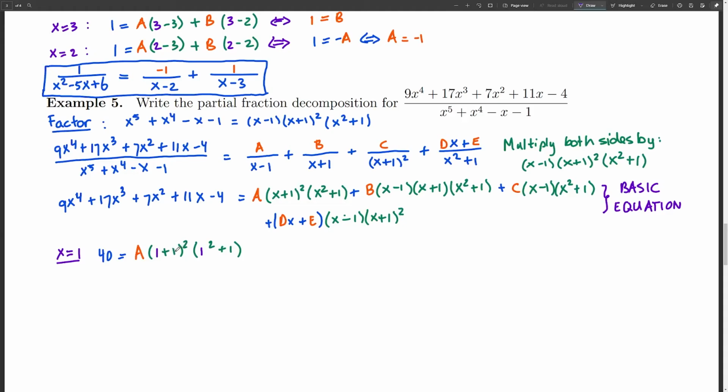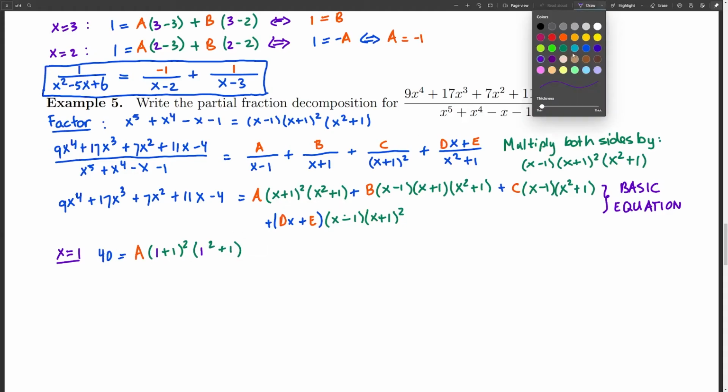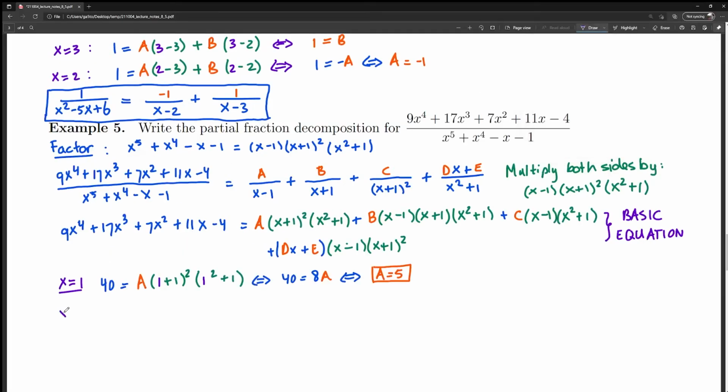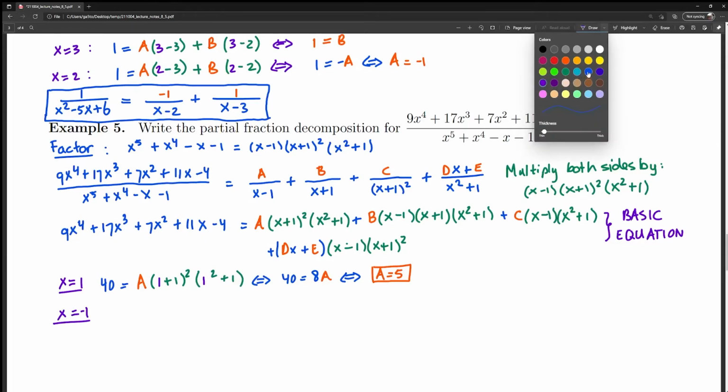That gives us 4. And the next factor is 2, 1 plus 1. And so we have 8a equals 40. And then we get a equals 5. Now, the next smart value would be x equals negative 1, because every term now that has a factor of x plus 1 will disappear.